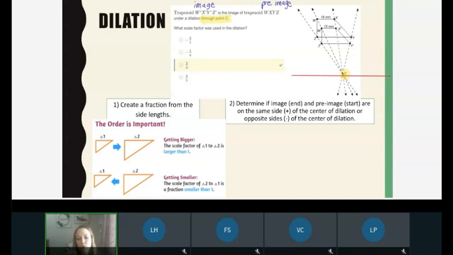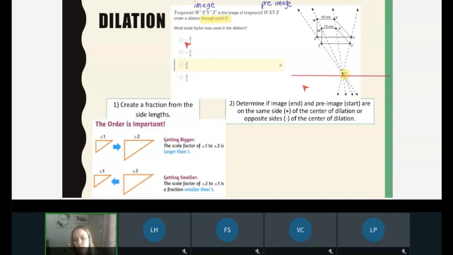So both of the trapezoids are on the same side, right? We say same side of point C. These are both on the same side. So that means that your dilation amount should be positive. If it was over here on the other side of the red line, it would end up being reflected, but also it would be on the other side of this line.